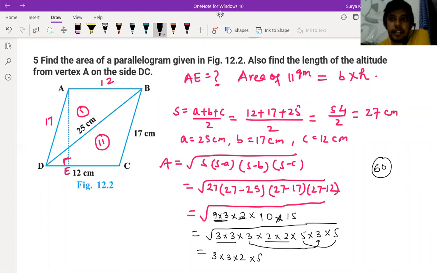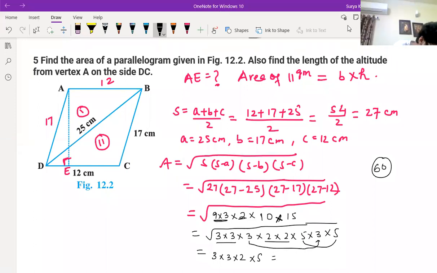Children, now it's correct, check. Yes, sir. So we are getting 90.